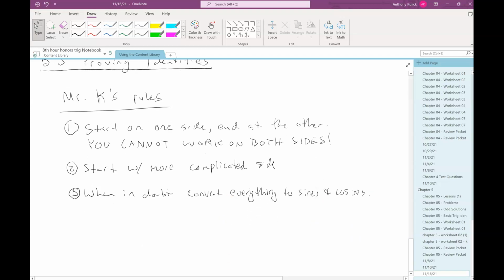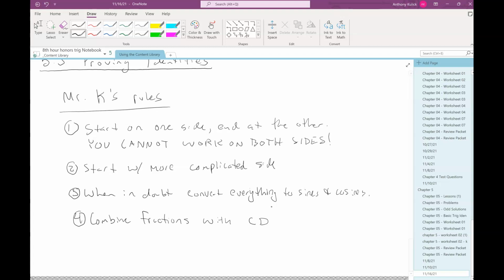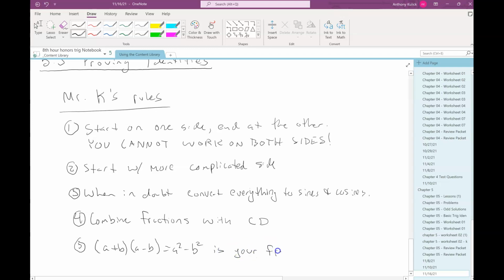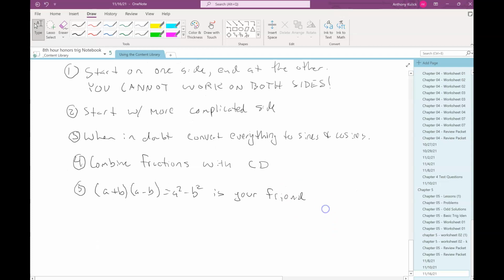Rule number 3, when in doubt, convert everything to sines and cosines. Combine fractions by using common denominators. The difference of 2 squares factoring pattern is your friend.